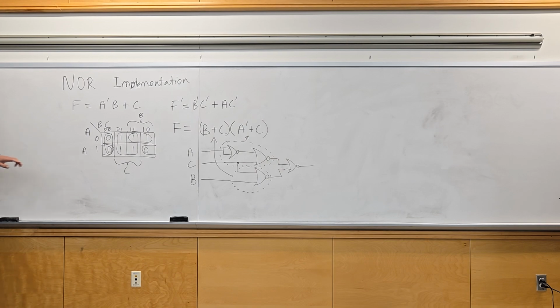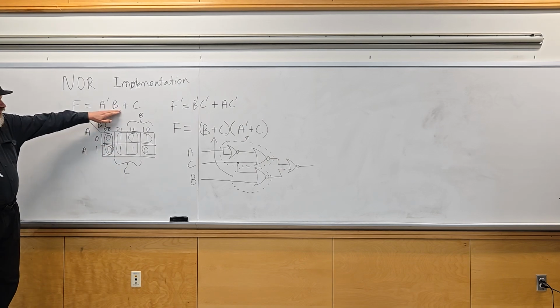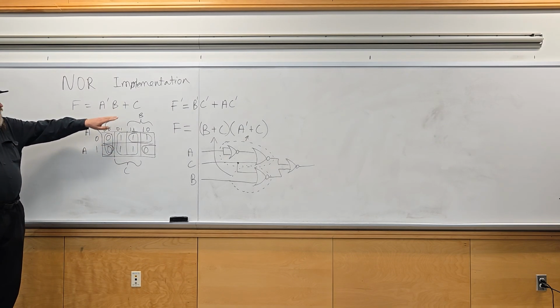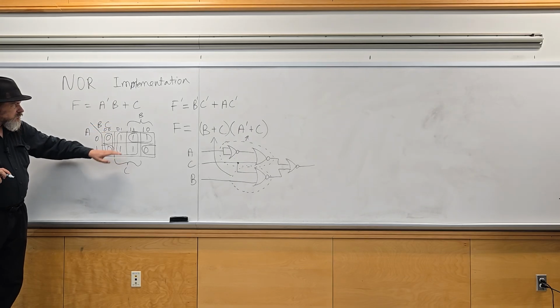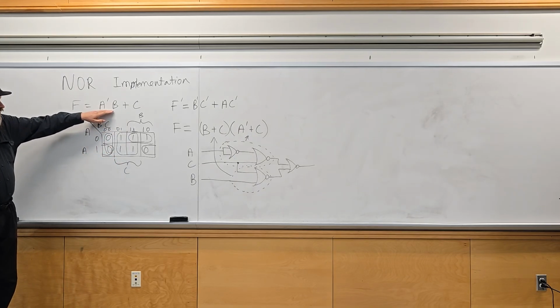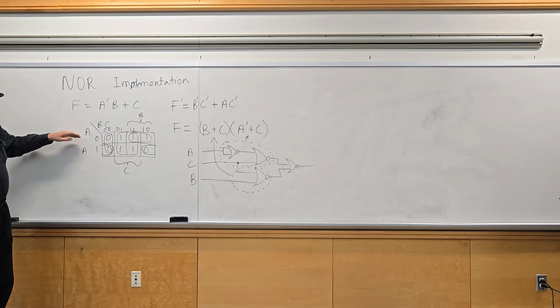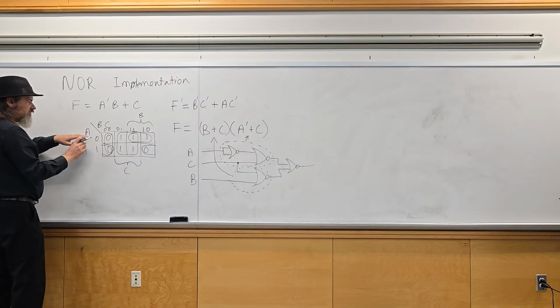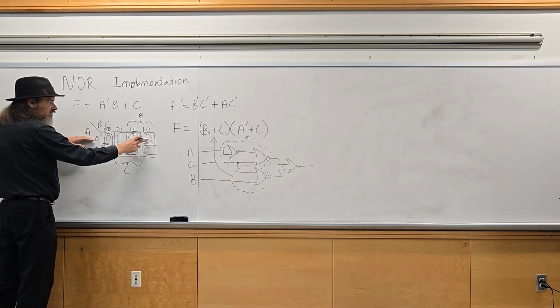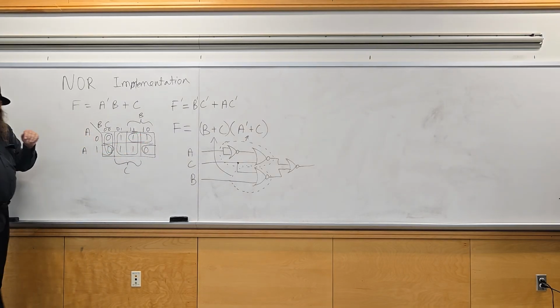To get the K-map from an expression like this, you take each expression and ask, what is going to make A prime B 1? All the A primes and all the intersection of the A primes and the B's, which are these two ones right here. What's going to make C 1?